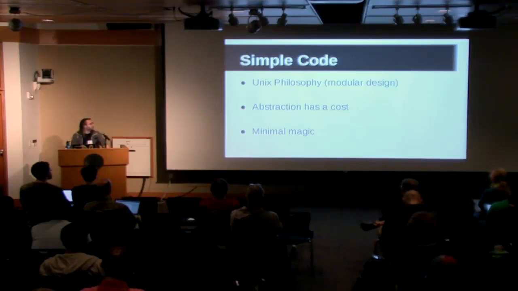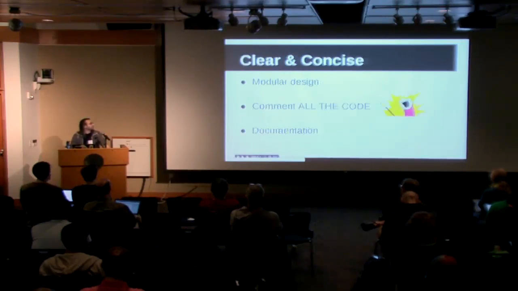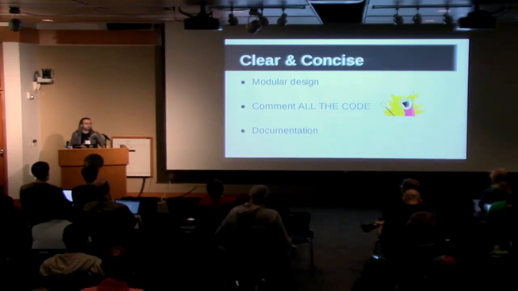And so as we have simple code and as we're familiar with our code, we really end up with a clear and concise design. Again, modular design. It's really important that things are small and scoped and you can really quickly narrow down where the behavior is coming from and not have to hunt for where the behavior might be coming from.